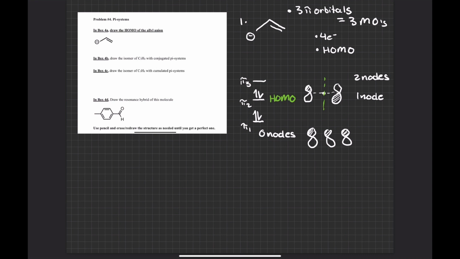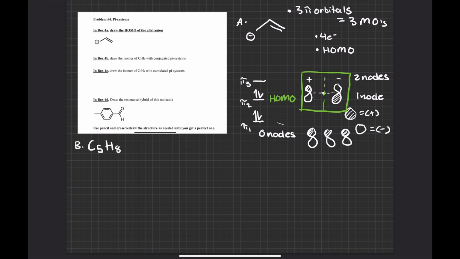For this example, let's consider the shaded in one as positive and the non-shaded one as negative. So since the positive and negative are facing each other, there will be destructive interaction between the two. Whereas with the bottom one, we had 2 positive faces, and this leads to constructive interference of the p orbitals. So our answer for 4a is this illustration right here.